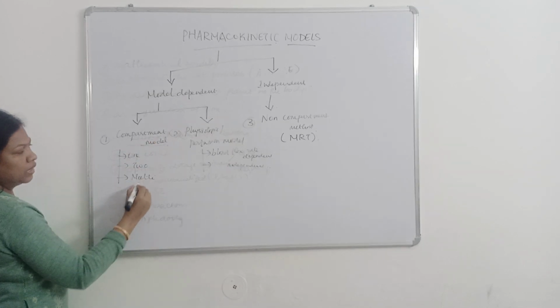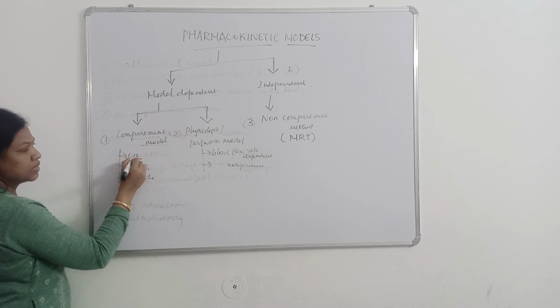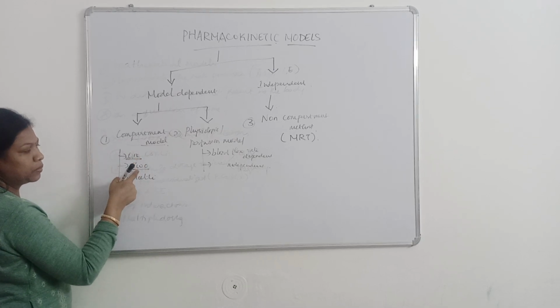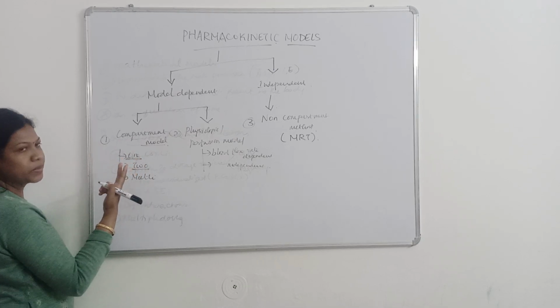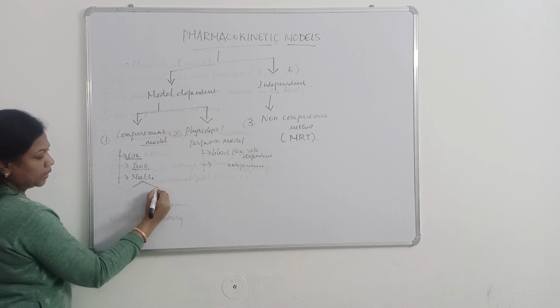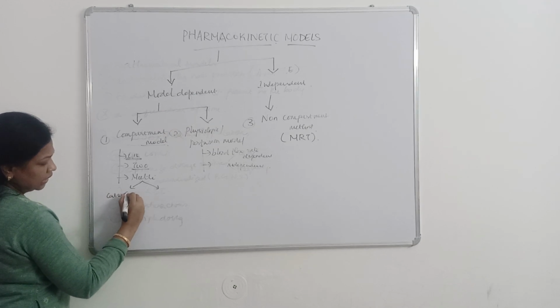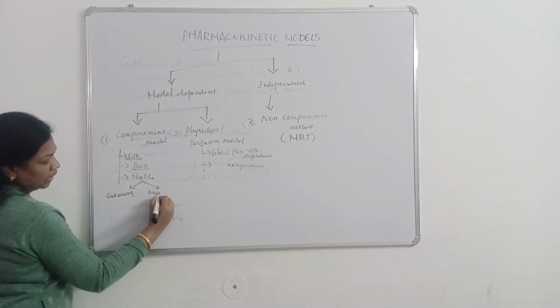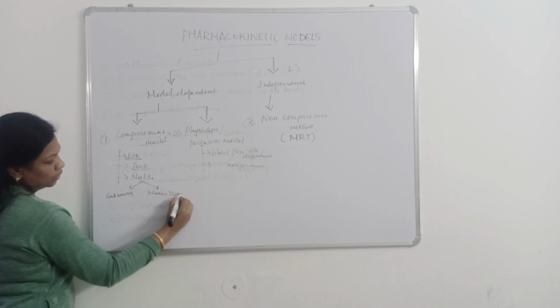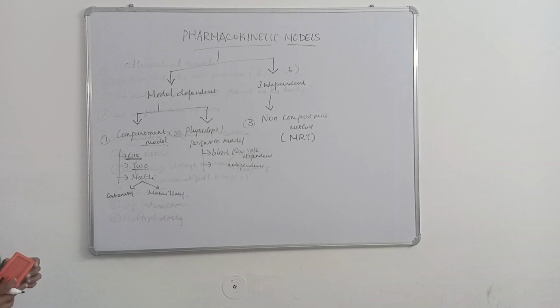So the compartment model is considered, again, depending upon the number of compartments. If it is 1 compartment, then 1 compartment model. If there are 2 compartments, 2 compartment model. And if it is more than 2, then it comes under multi-compartment. Again, this multi-compartment can be classified as catenary model and mammillary model. So this is the classification of pharmacokinetic models.